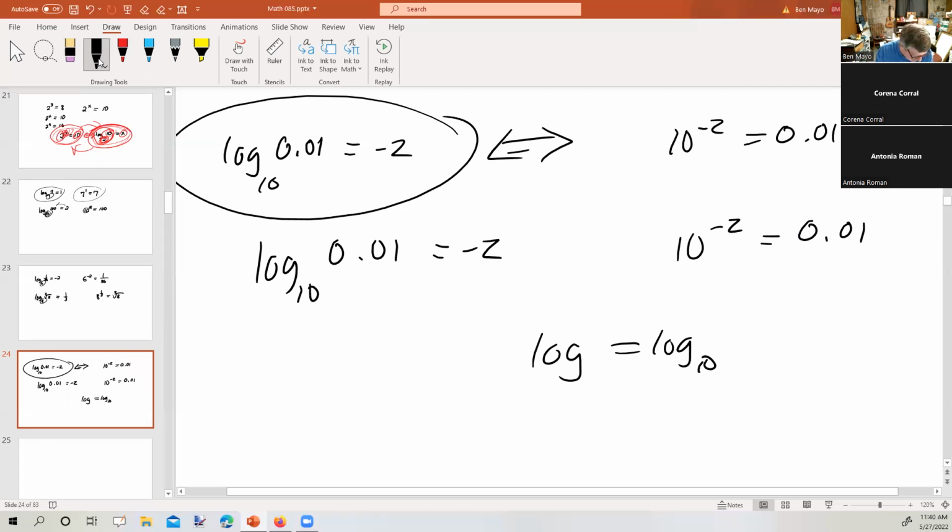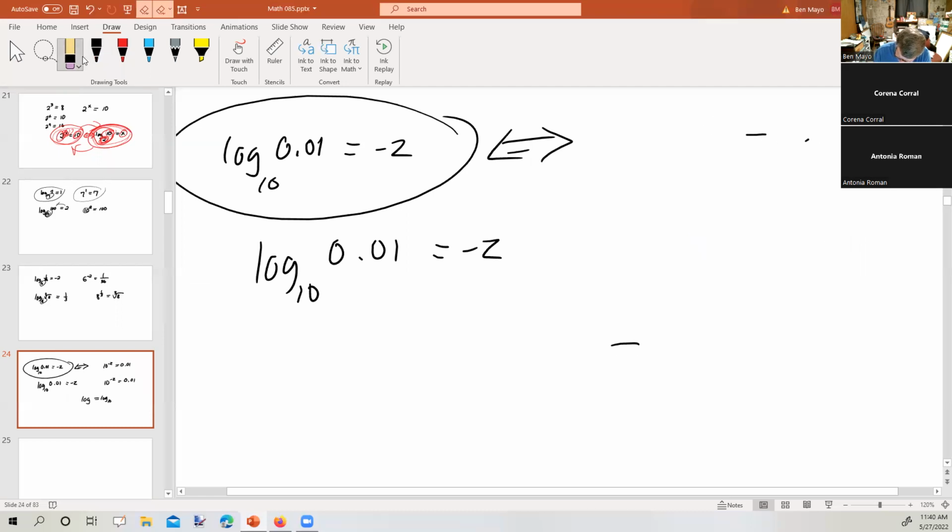So the takeaway from this is log means log base 10. Now, as I pointed out, we do have a log base 10 button on our calculator. So let's put log base 10 of 0.01 in our calculator and see if we do in fact get -2. I turn my calculator on. I push the log button and it looks like this.